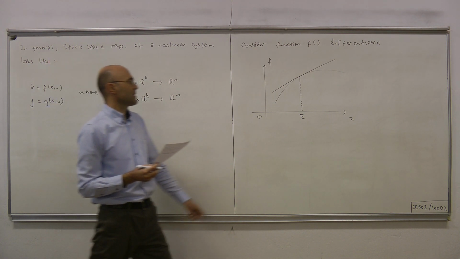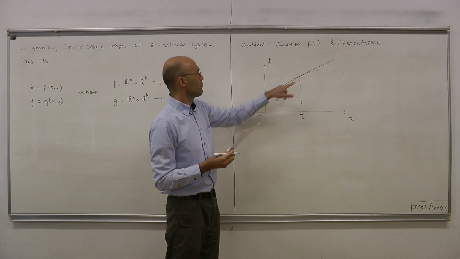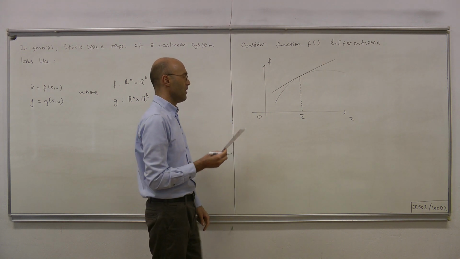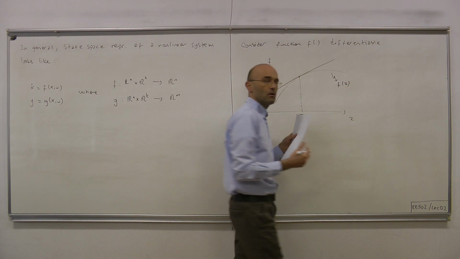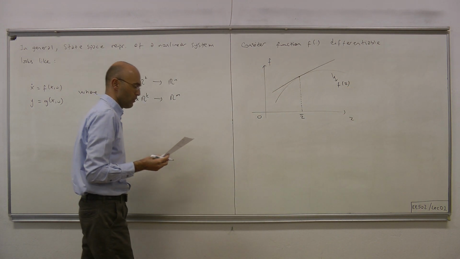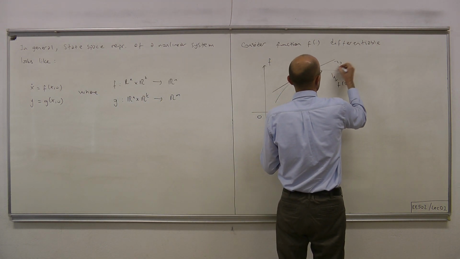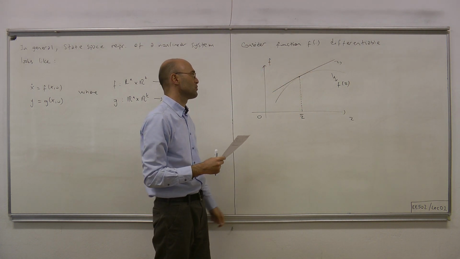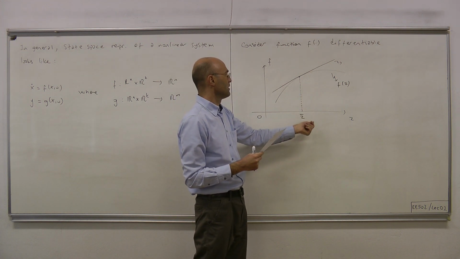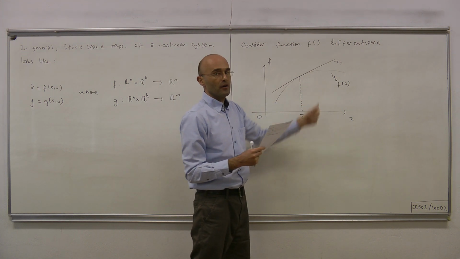That's the tangent line to the curve at point z bar. So this is our f of z, the actual curve, and this is a straight line passing through this point and tangent to our curve f of z.